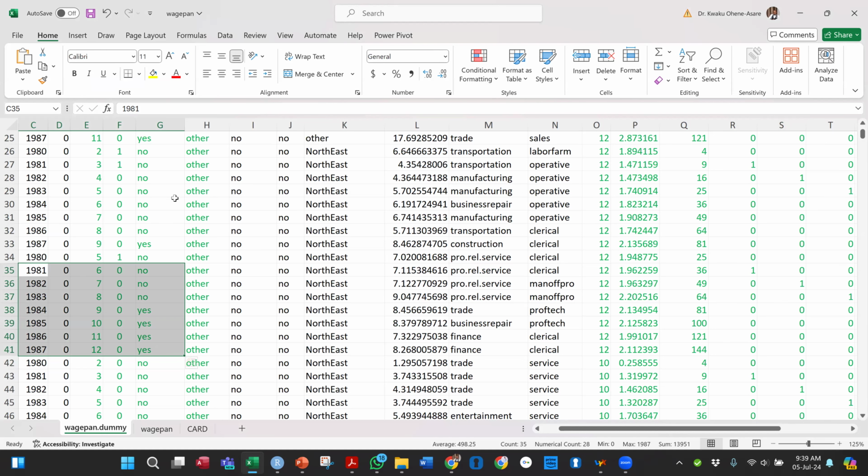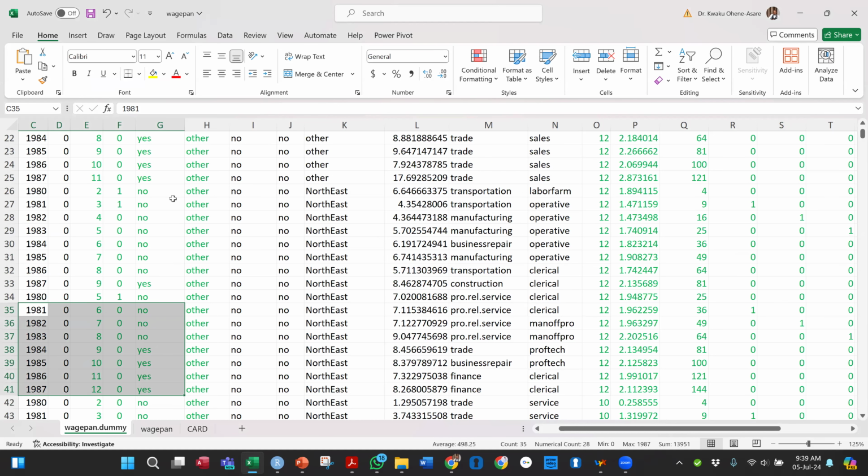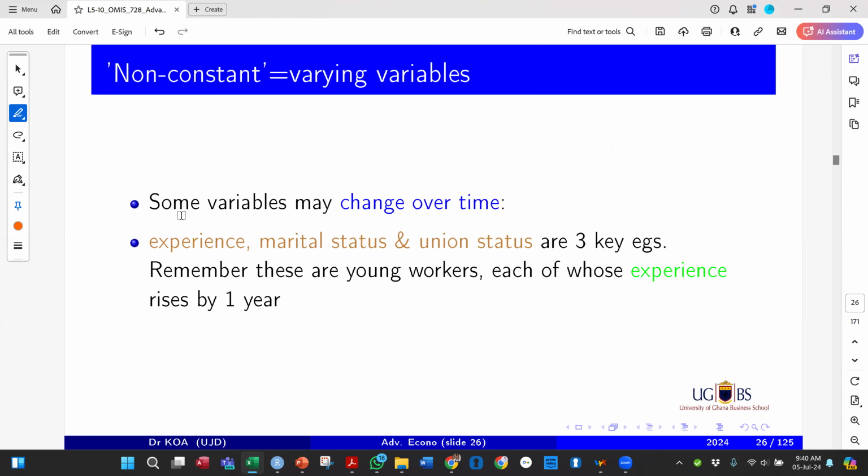Four years into the work, he's gotten money, so he wants to settle down. Confirm or deny. Okay. So these three things are presumed to be time varying regressors in this very example.